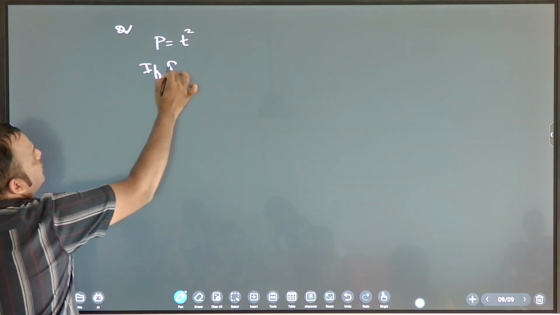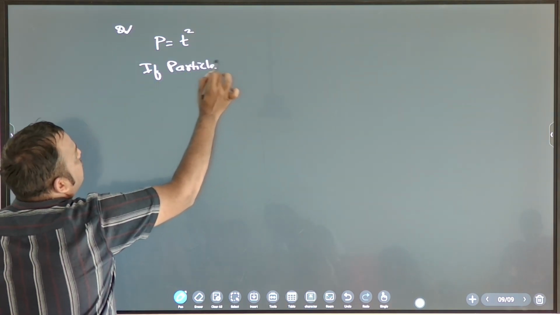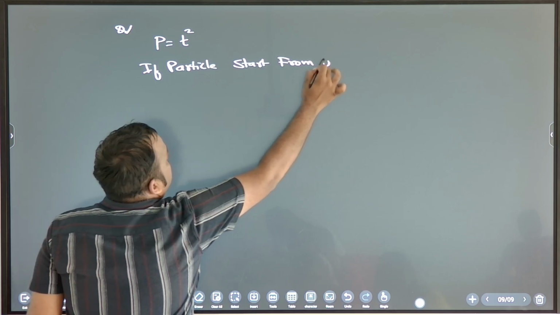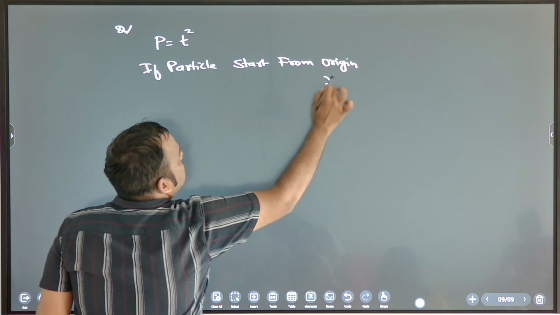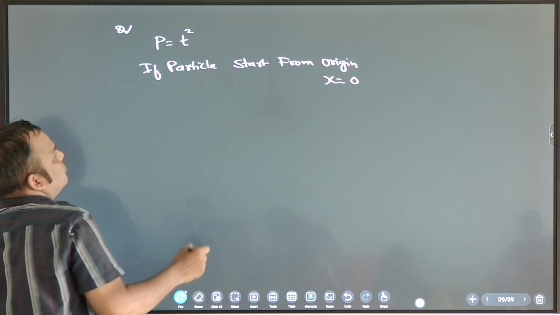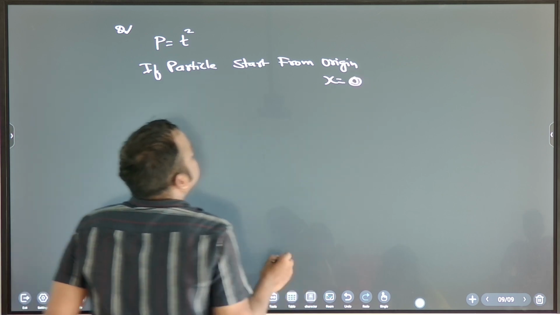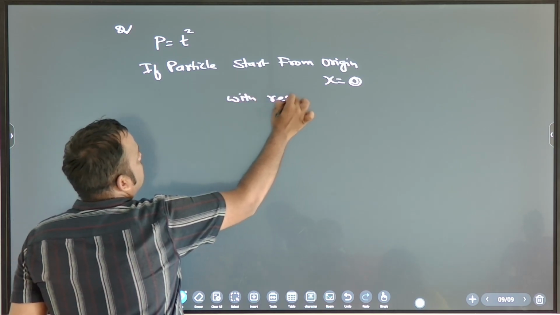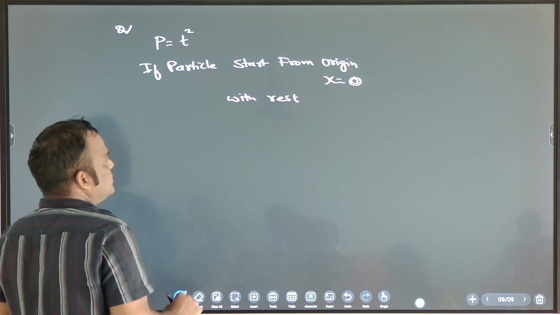If a particle starts from origin, what is the x value? 0. So the particle starts from origin with rest, which means initial speed is also 0.